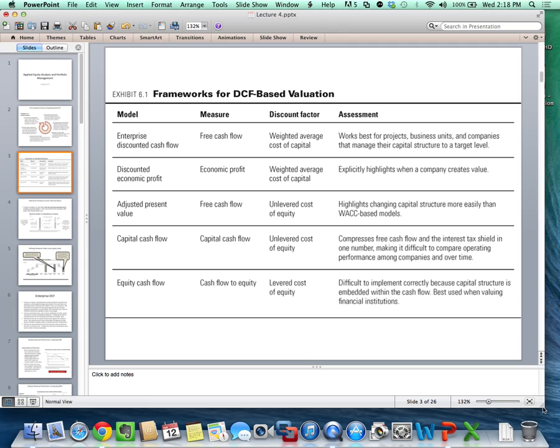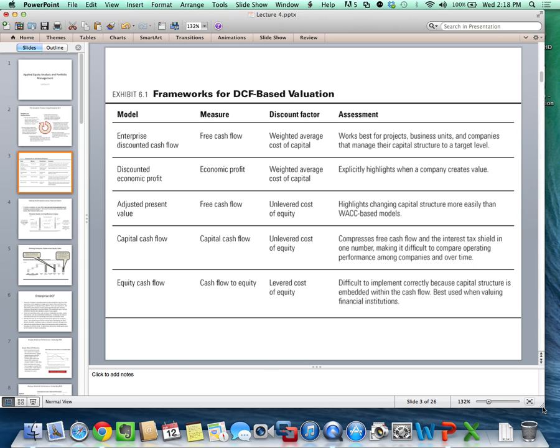Capital structure being the amount of debt and equity in the firm. So if I'm going to add a substantial amount of debt or retire a substantial amount of debt, then APV is a model I might want to consider, because it values what's called the interest tax shields. So when companies issue debt, debt is tax deductible.